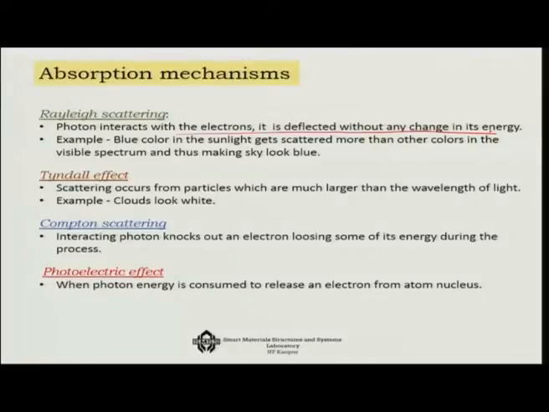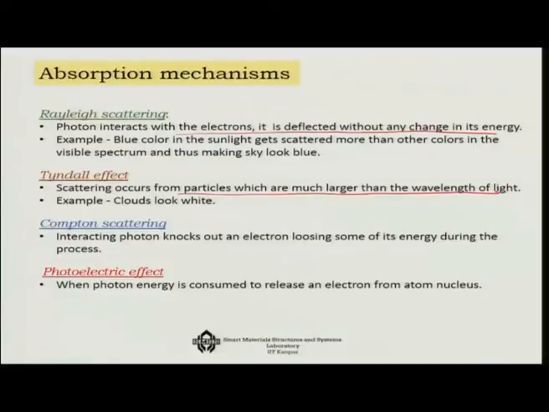For example, the sunlight gets deflected and you see the blue color all over the sky. There is also the Tyndall effect, where scattering occurs from particles which are much larger than the wavelength of light. So, any colloidal suspension for that matter shows this Tyndall effect.